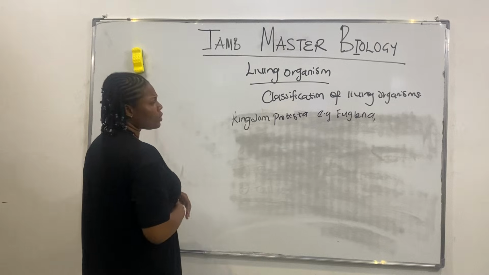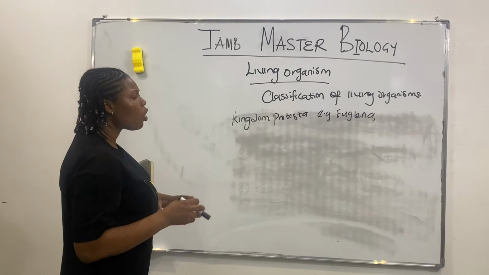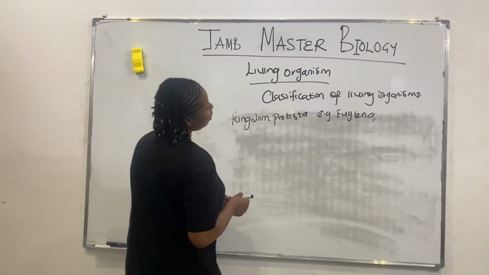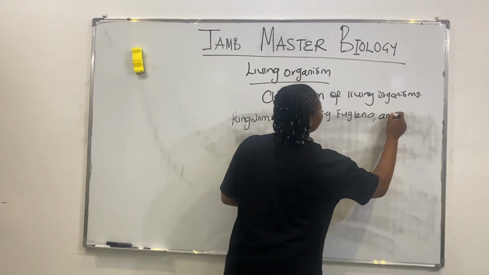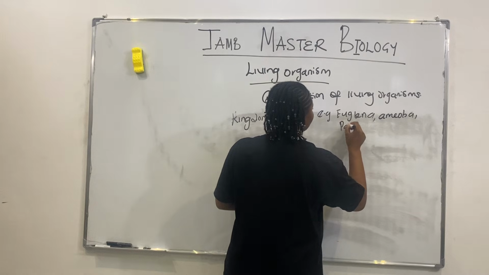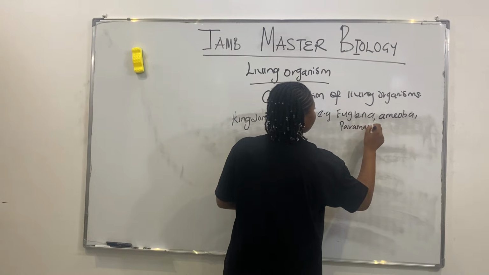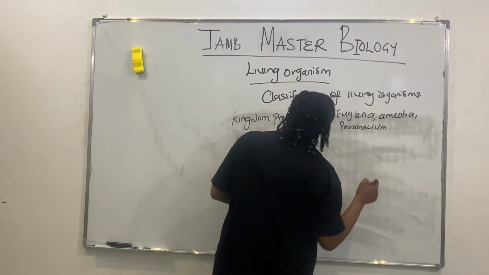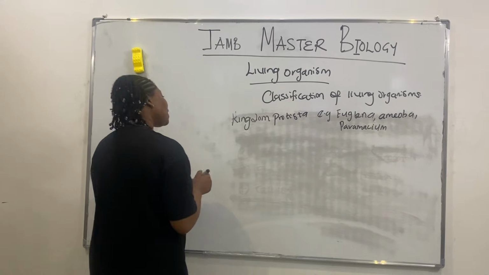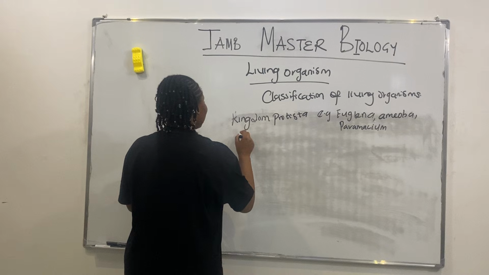Just know that kingdom Protista are organisms that are free living, microorganisms that are free living. We have Euglena, we have Amoeba, the shapeless organism. We have Paramecium. So under kingdom Protista, one thing that we should understand here is that they are unicellular.